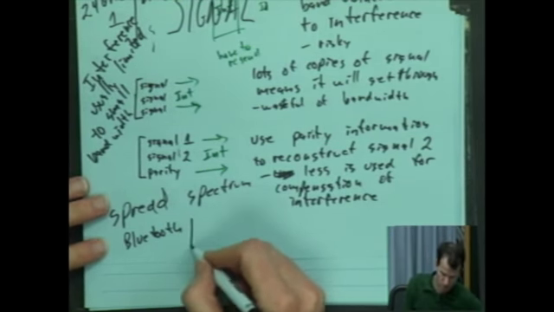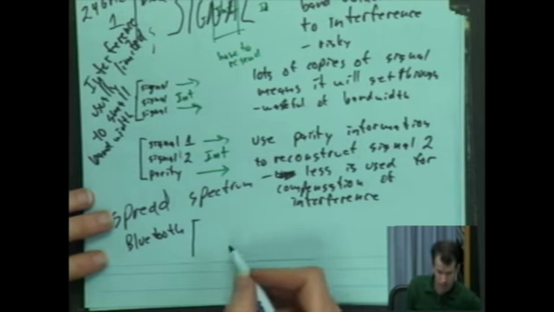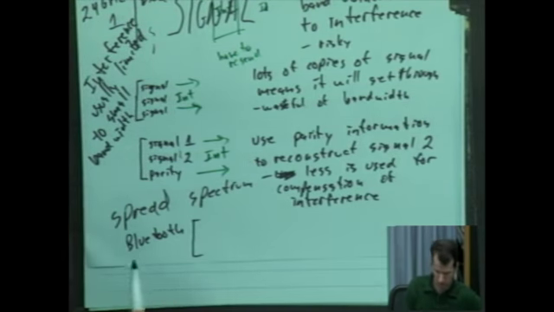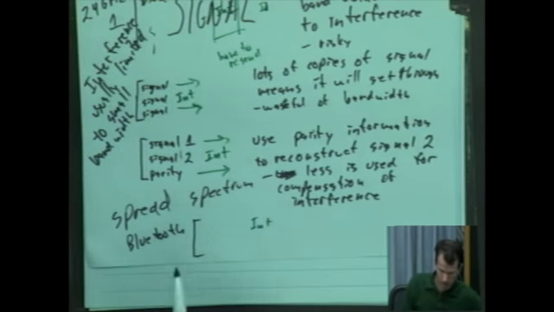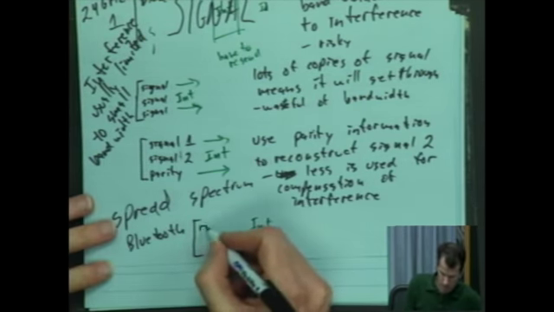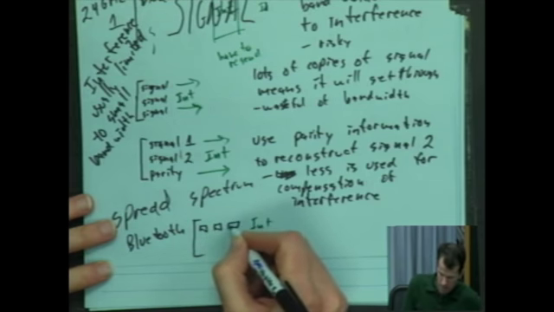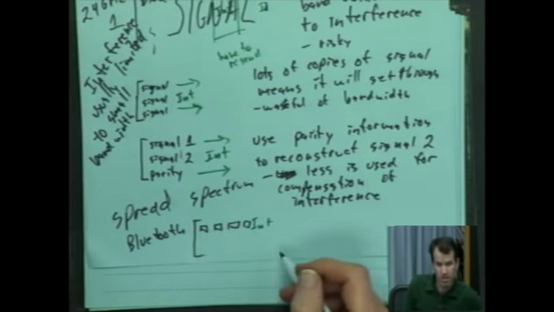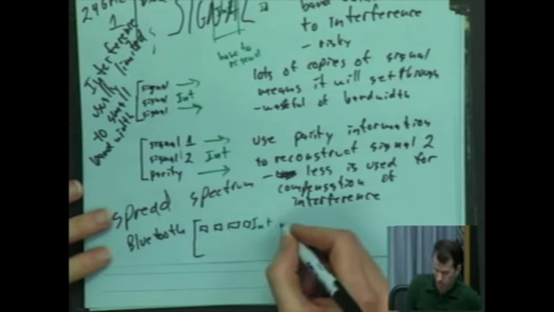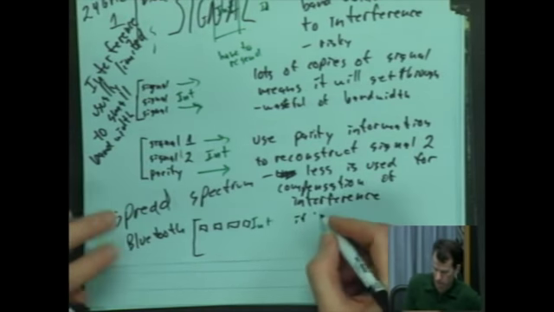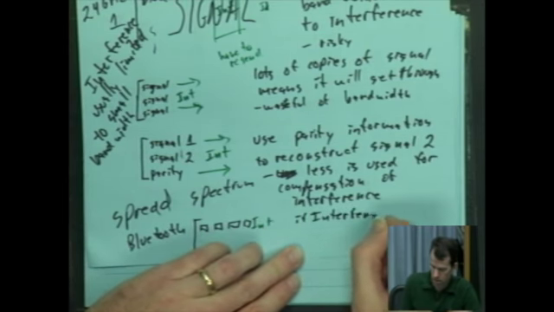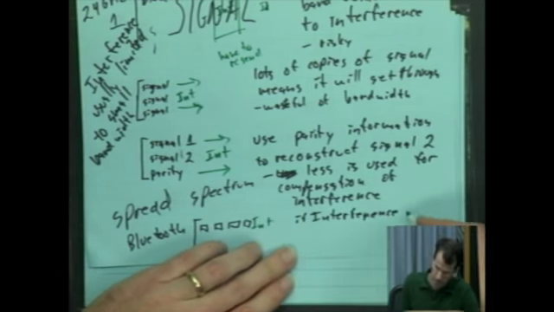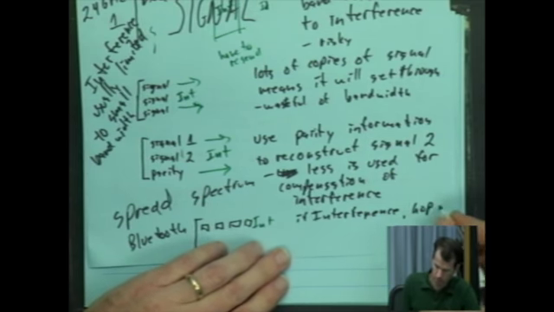Anyway, here's how Bluetooth works. It worries about the same thing, that there might be interference. So let's say there's interference here. The way Bluetooth works is if it sends out on this frequency and finds that there's interference, it does what's called hopping.